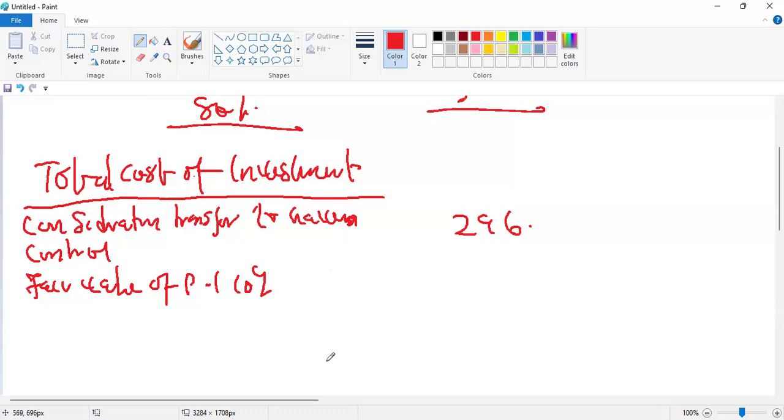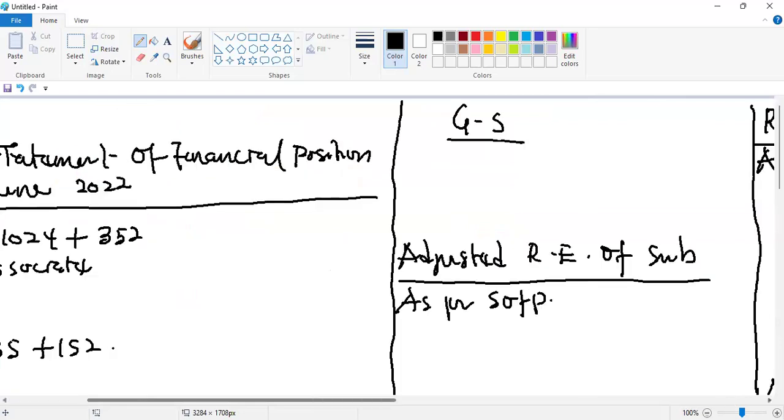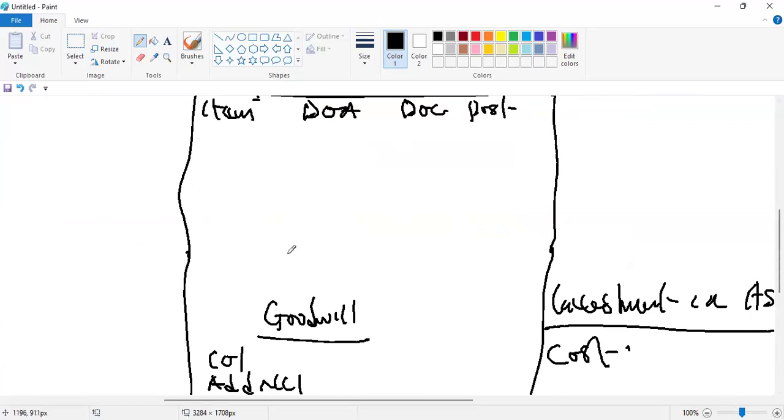Oh, he has given me net assets at the date of acquisition. He says the day he acquired the second purchase, 368. The net assets.